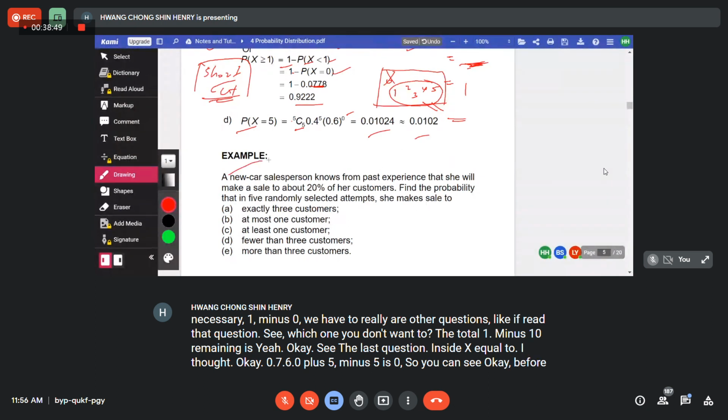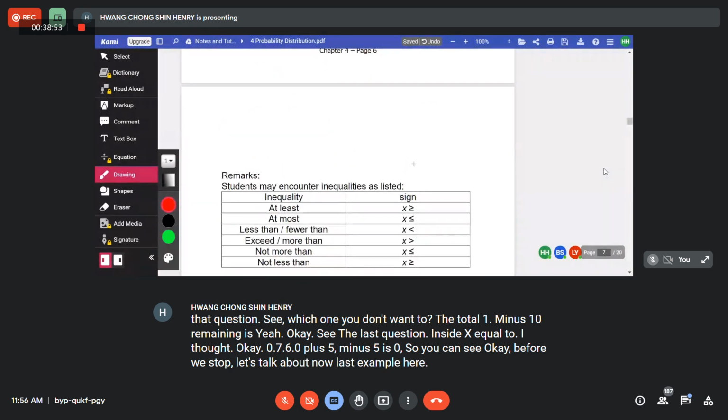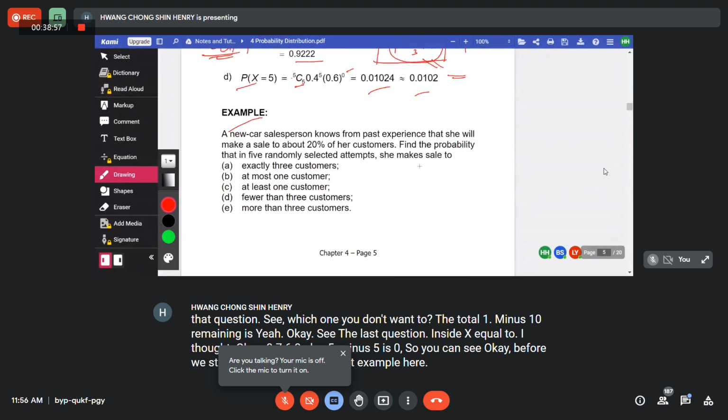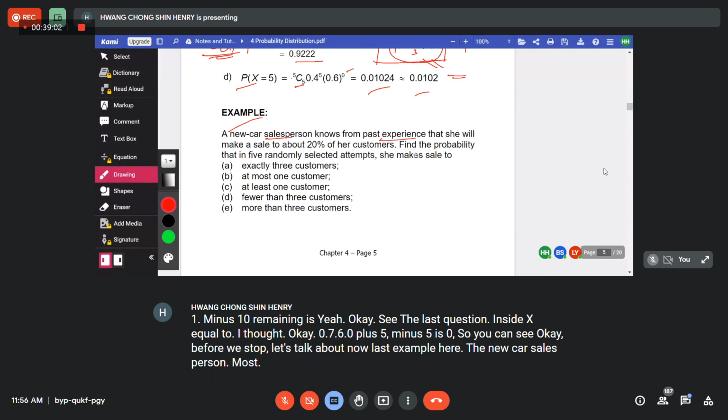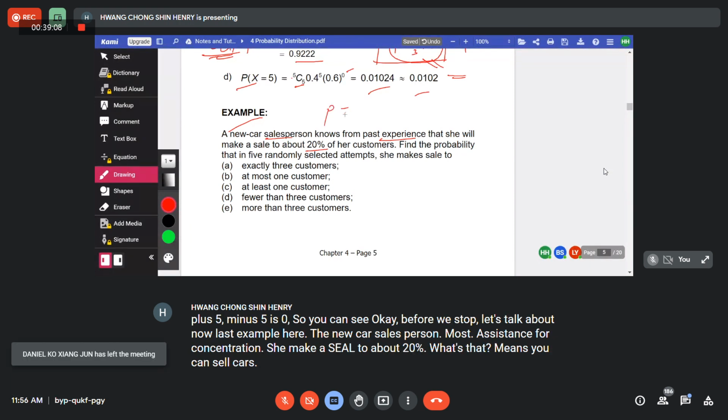Okay, before we stop, let's look at one more last example here. A new car salesperson knows, from past experience, she makes a sale to about 20%. What that means? She can sell a car to about 20%.